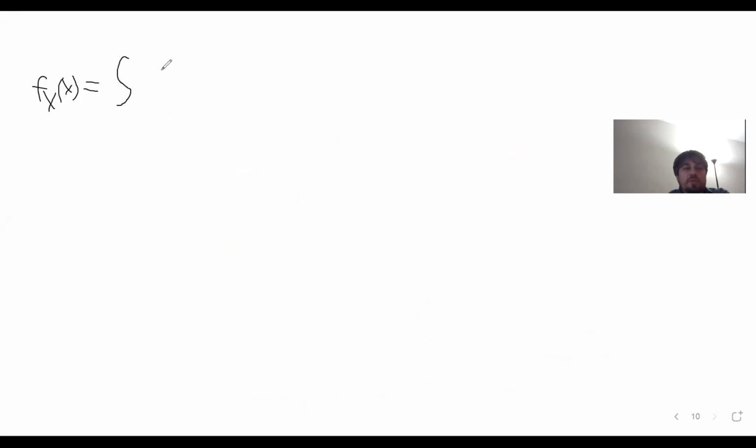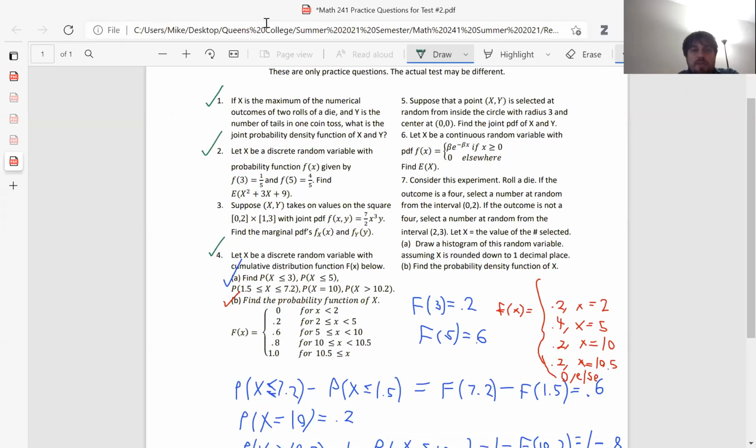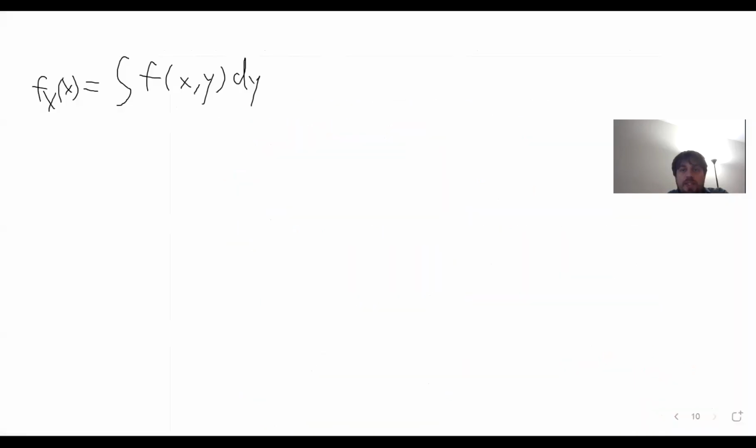So we're going to integrate over y of f of x comma y dy. And when we integrate with respect to y, we're going to integrate over possible values of y. Well, the square is from 0, 2 to 1, 3. So what we care about is this region.